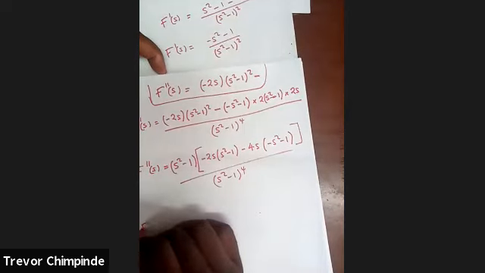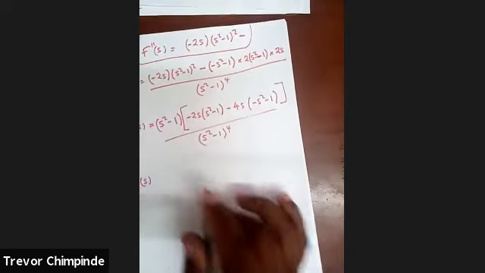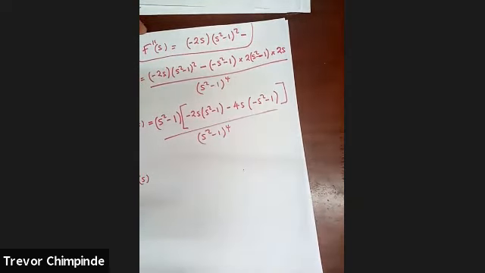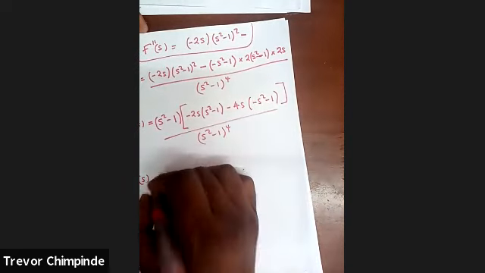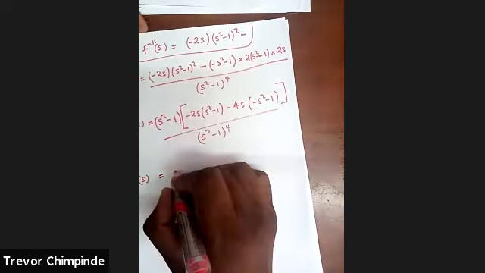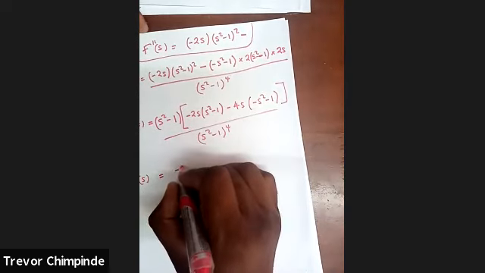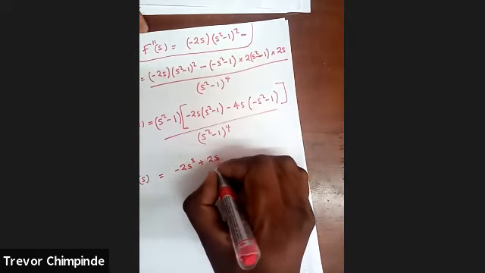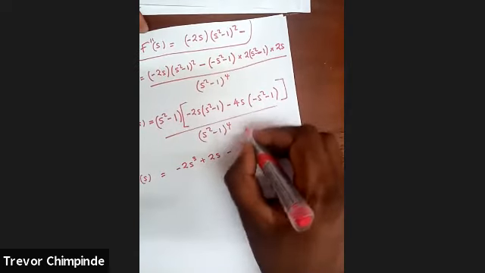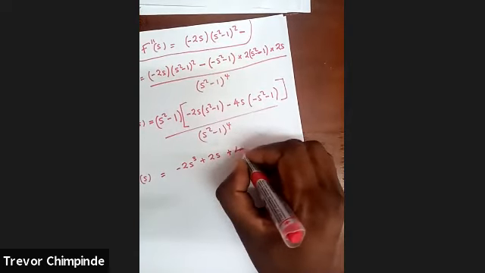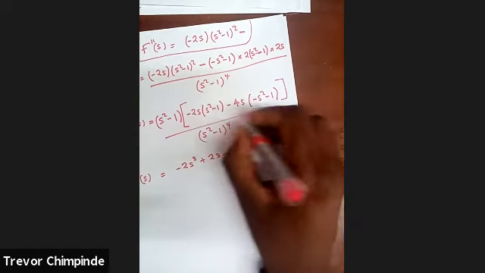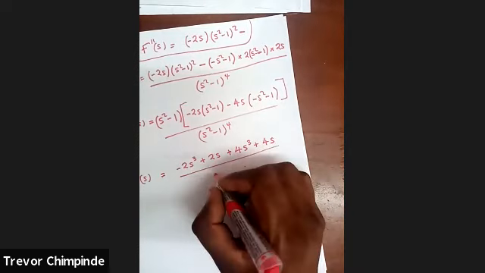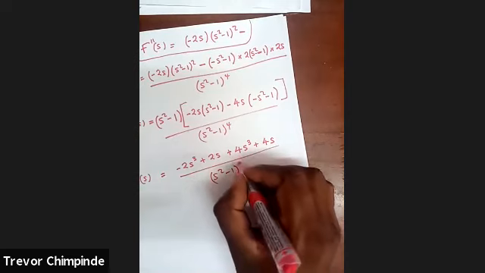So this becomes f prime of s will be, so s squared minus 1 here. So we're going to remain with 3 there. Cancel 1. Then just to open the brackets there, we're going to have negative 2s cubed, then plus 2s, then plus 4s cubed, then plus 4s over s squared minus 1 to the 3.